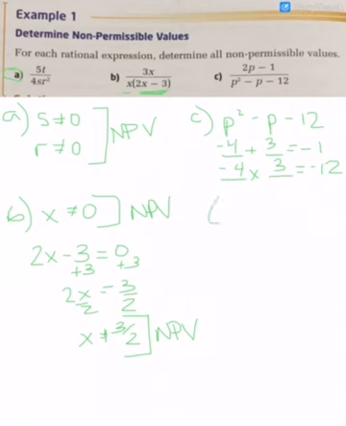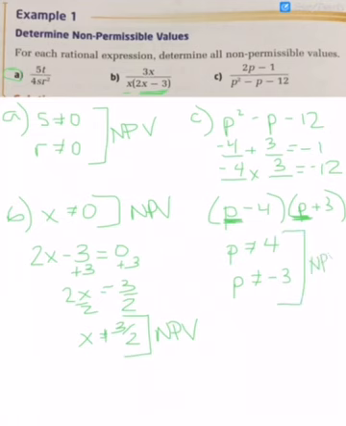So again, when I factor this, I'd get p minus 4 and p plus 3 in the denominator. So that tells me that p cannot equal 4 or p cannot equal negative 3. Because if you plugged in a 4 for the p, 4 minus 4 would be 0. And if you plugged in a negative 3 for this p, negative 3 plus 3 would be 0. So those two values are non-permissible.